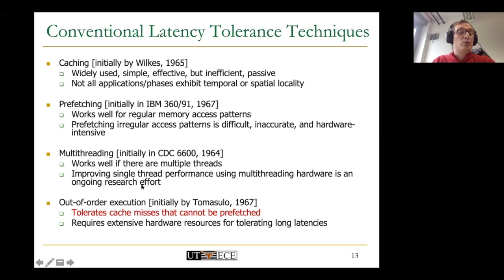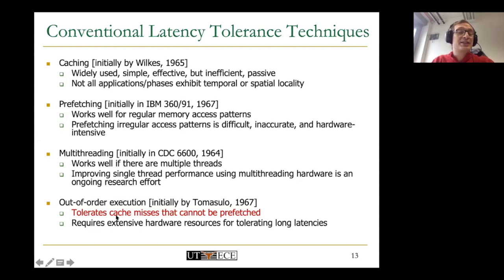And there have been works on improving single thread performance using multi-threading, maybe transparently to the programmer, sometimes with programmers' help. And this is an ongoing research effort. It's not an easy problem. This is actually a very difficult problem. As far as I know, there are not a lot of works that implement multi-threading to improve single thread performance. But if you're interested, I will have some pointers in the next slide.